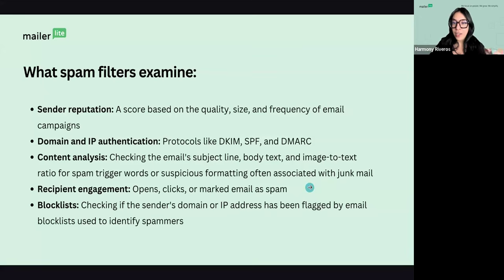So it is good to have a good image to text ratio to make sure that they are even and there's not too many images in one email, as well as things like spam trigger words. Of course we do want to get subscribers' attention, especially if there's certain offers. We want to say things like free offer or act now or limited time.